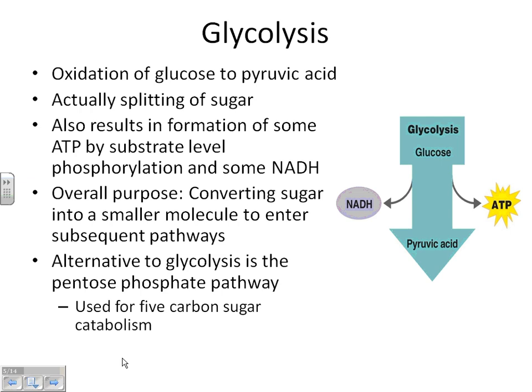It makes a very, very tiny amount. And if the organism has the ability, he does not want to have to live off of that little bit of energy. So he's simply trying to make that giant sugar smaller. Why is he making it smaller? So it can go into the next set of steps and be made even smaller.